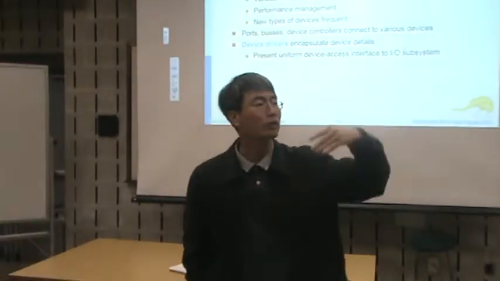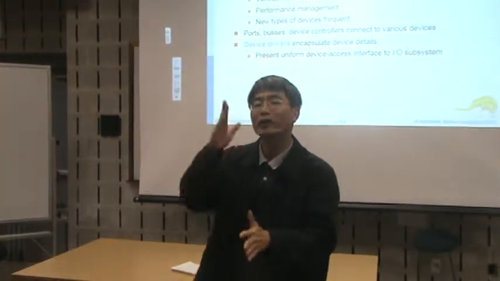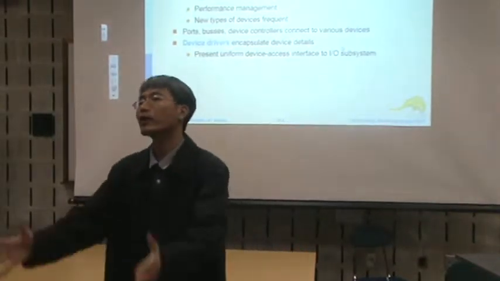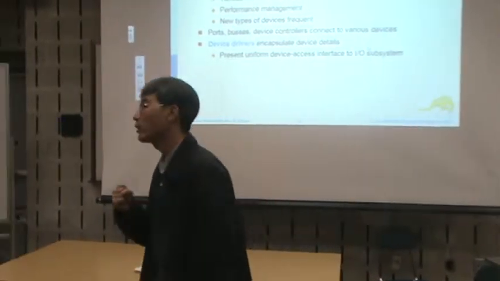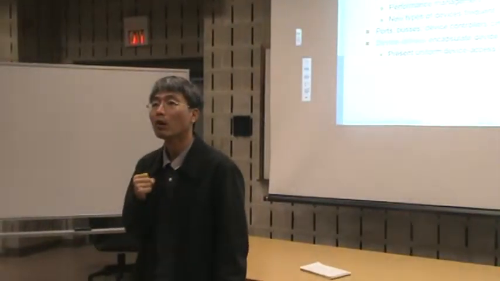Like I live in Trumbull, so if I'd like to go to Trumbull, definitely I will take the I-95, then Route 25, then finally get there. In a computer, it's the same. Why do we need input and output devices, I/O devices? For transferring the data, right? That's the only purpose.